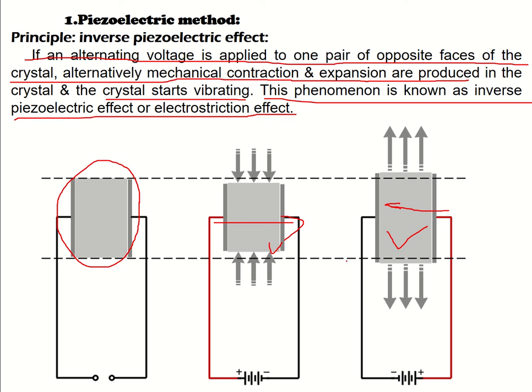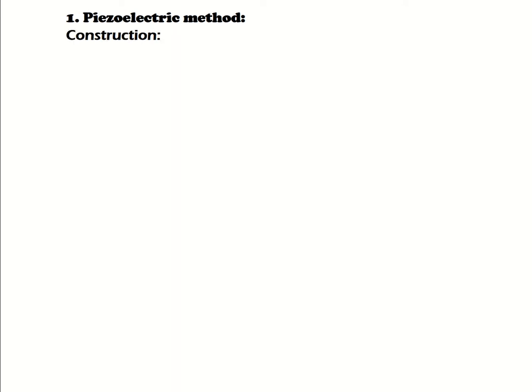So this effect is called the inverse piezoelectric effect, and this is the principle of the piezoelectric method for the generation of ultrasound. That means if we apply an electrical signal having frequency more than 20 kilohertz, at that time this crystal will start oscillating with a frequency more than 20 kilohertz, and whatever sound it produces will be ultrasound.